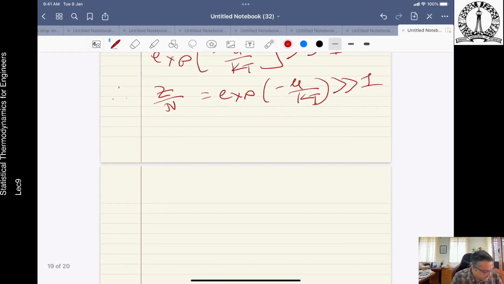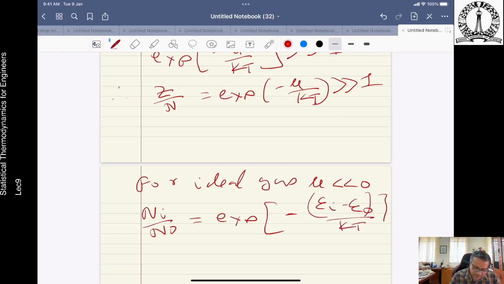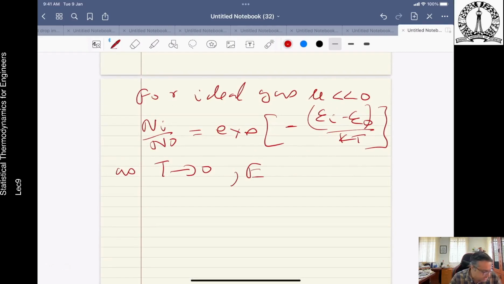Now, for an ideal gas, mu is much less than 0. Therefore Ni by N naught is equal to exponential of minus (Ei minus E naught) by Kt. As T approaches 0, E goes to N E naught, and E is further equal to Nj into Ej.